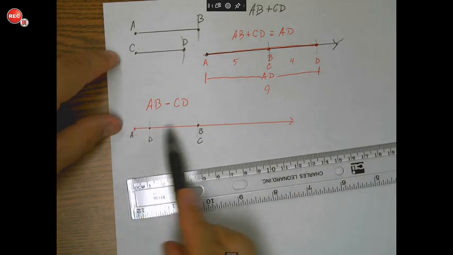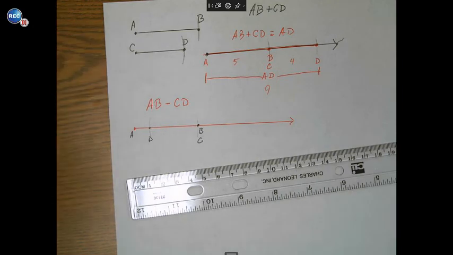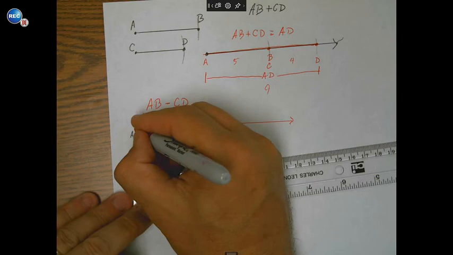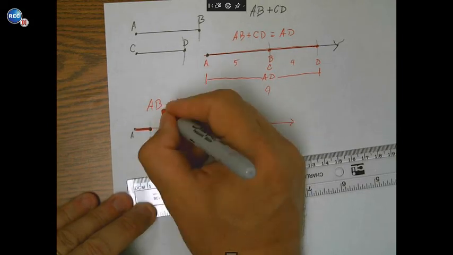So if I went out AB and I'm coming back, almost like a number line, right? Like on a number line. And so then AB minus CD is represented by that itty bitty segment.